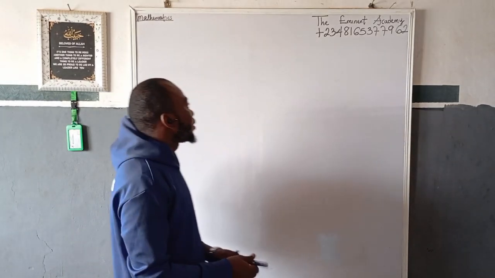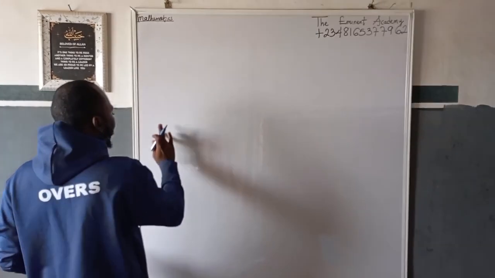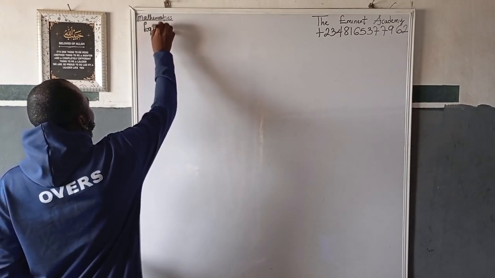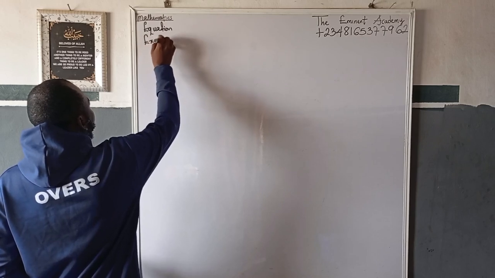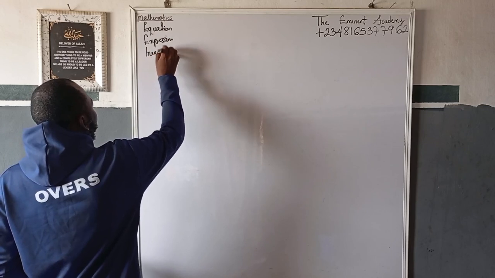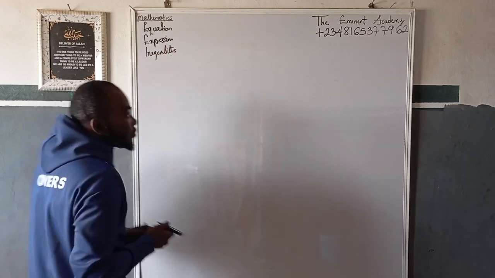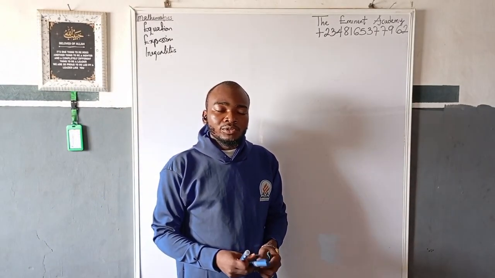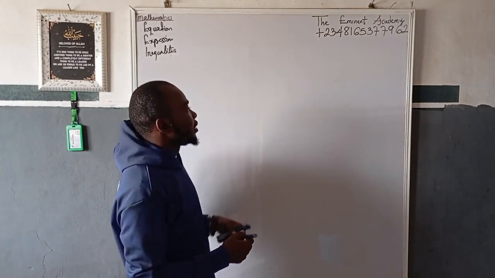So today we'll be looking at the types of equations, expressions, and inequalities that we have. I explained earlier in one of our videos that when we have mathematics, we can only treat one of these three things.